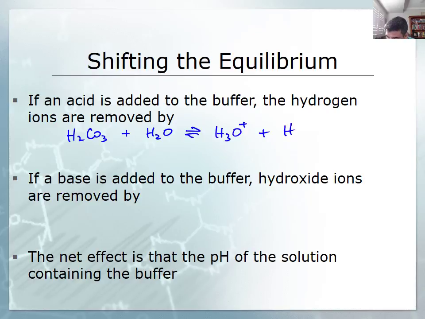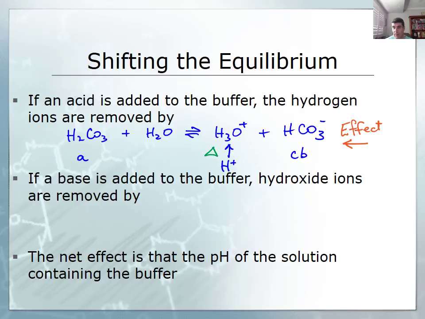So here is the equation, remembering that we have equal concentrations of the acid and the conjugate base. If we add an acid, we're going to increase the concentration of the H+ ions. That's what an acid does. So that is the change that we've made. The Le Chatelier effect will be to shift the equilibrium to the left.